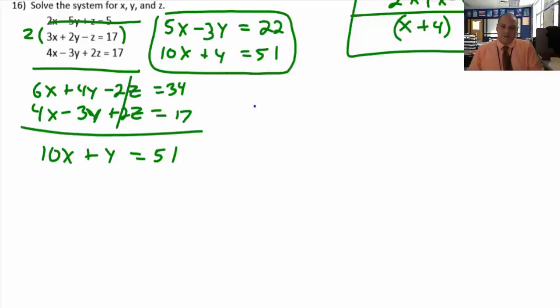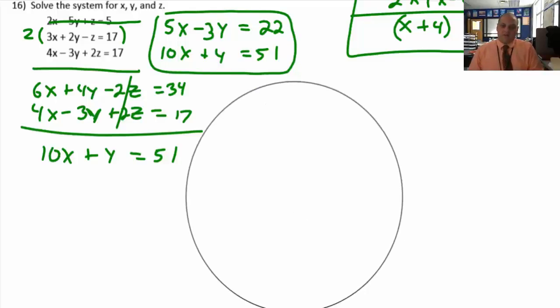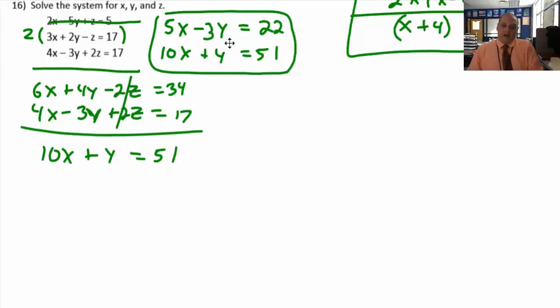So we're going to do that. 5x, you know what? Let's do it right up here. I got minus 3y, I got y. Let's do times 3. And again, if you didn't do yours this way, there's tons of ways to do these systems. So yours might not look like mine. That's okay. Maybe yours you did a little harder.